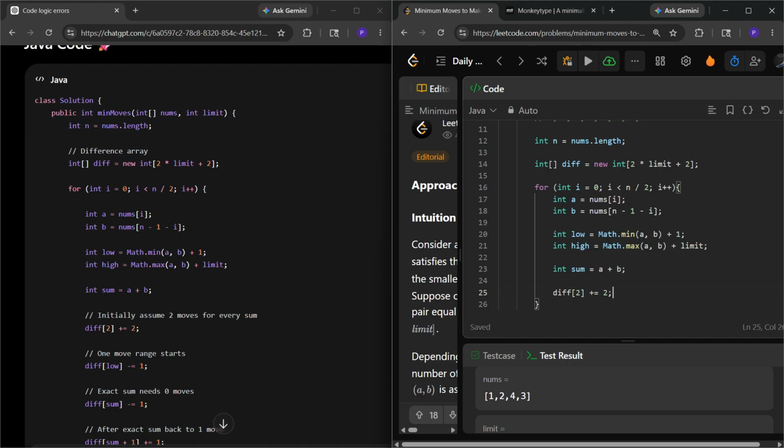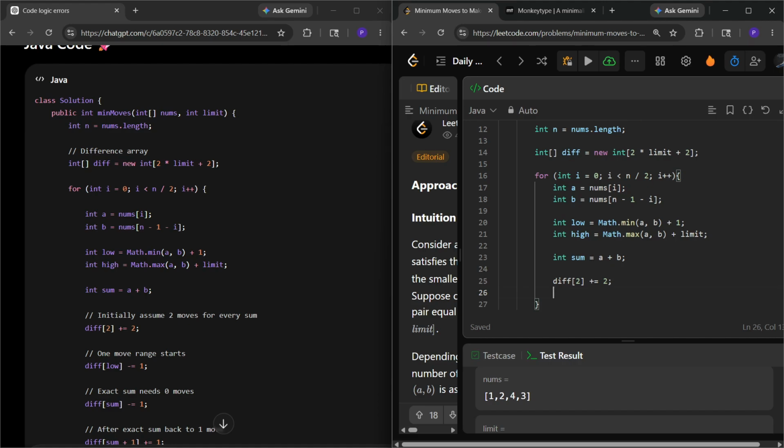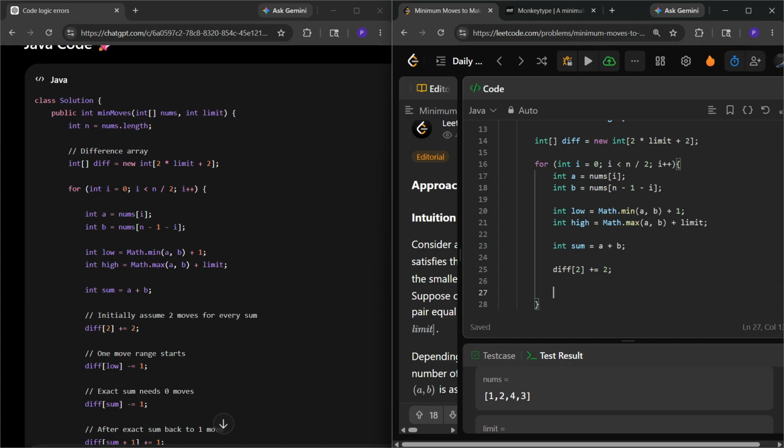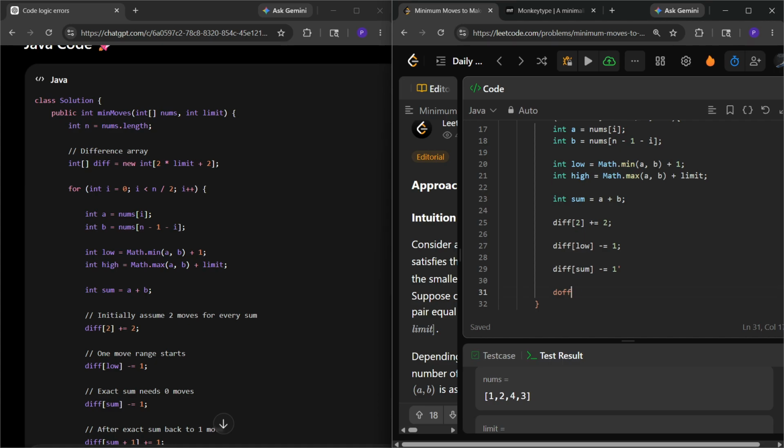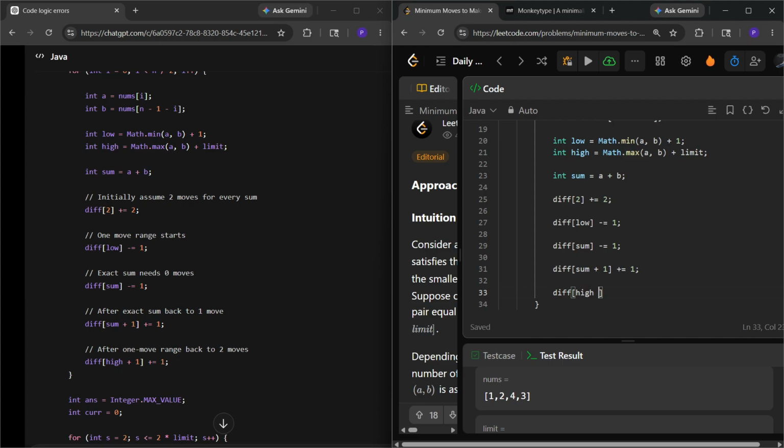Difference of 2. Initially assume every single pair of integers is requiring exactly 2 moves. Difference of low: every time I encounter the lower number, sum plus 1, plus equals 1. Then I have a difference of high plus 1, plus equals 1.